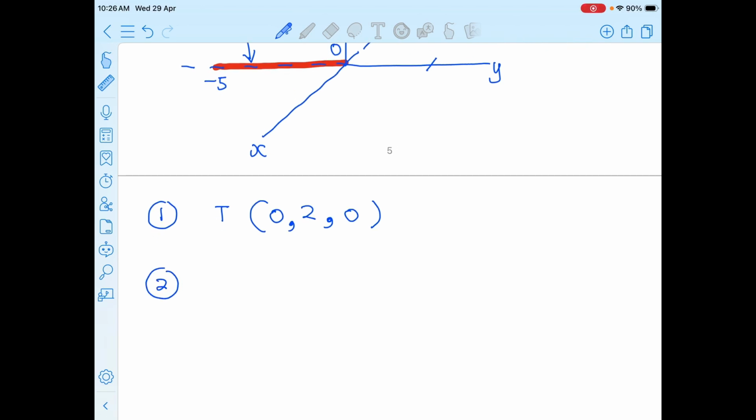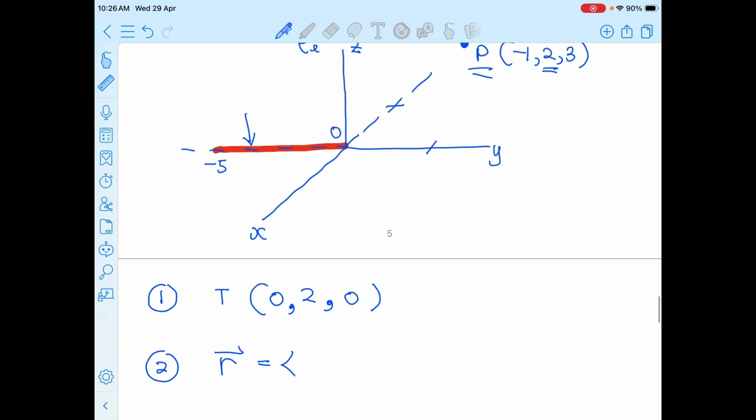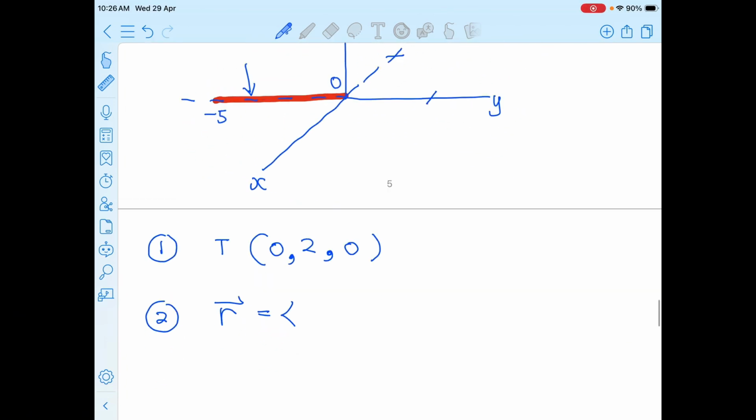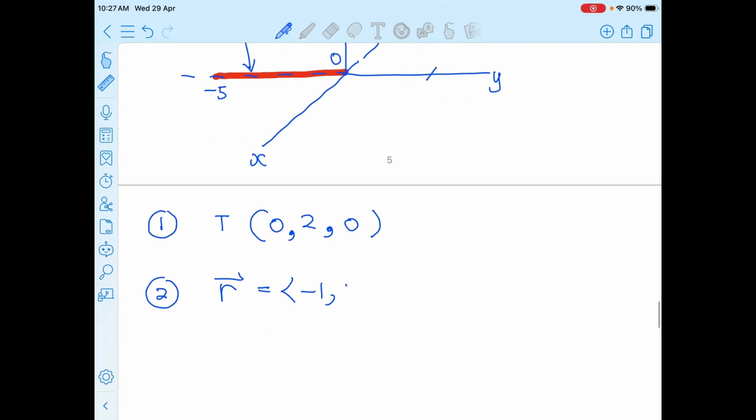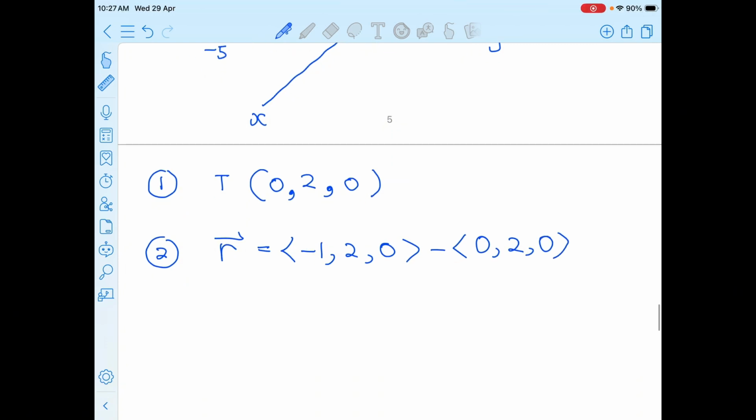Next we find the distance vector by subtracting the position vector (-1, 2, 0) with point T (0, 2, 0). As the result we get (-1, 0, 0).